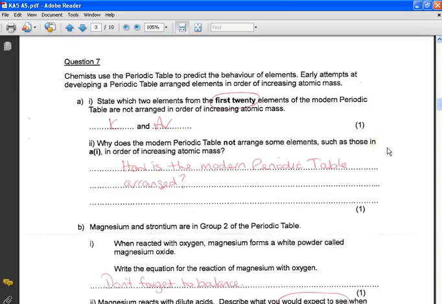It does say the first 20 elements, so you're only looking at the first 20 elements, and a number of you gave transition metals as the answer, which technically would have been correct, except that this question is asking about the first 20 elements. And you should know, without really having to think, this is a system 1 thing, that the modern periodic table is arranged in order of atomic number or proton number.